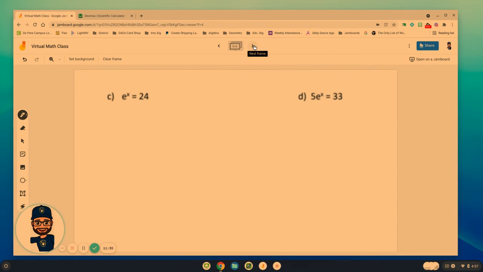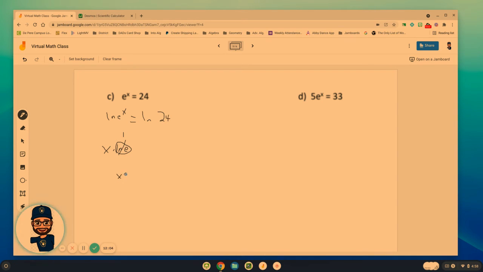All right, hopefully that makes a little bit more sense. Occasionally, though, we might not have to use it, when we have e. Anytime we have e, we really should be using the natural log of both sides. So the natural log of e to the power of x equals the natural log of 24. The x comes out front. x times the natural log of e, but this part becomes a 1.